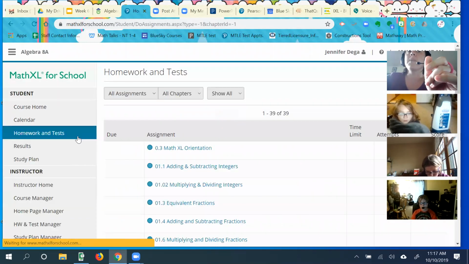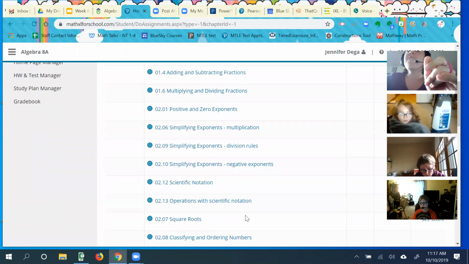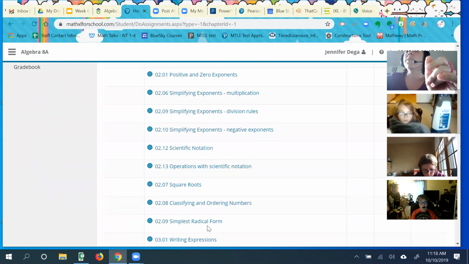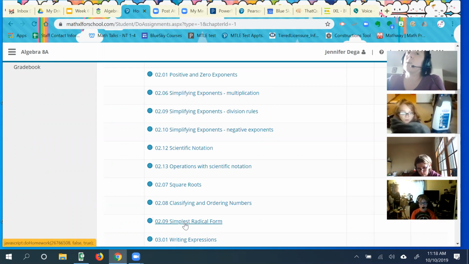I'm going to go to homework and test, and then I'm going to find the same assignment. Here it's called simplest radical form. I will tell you, some of the numbering may be off. I am trying to fix that, but I have a lot of stuff to do, so it's a little lower on my list, I'll be honest.